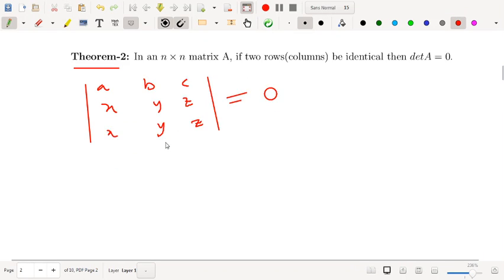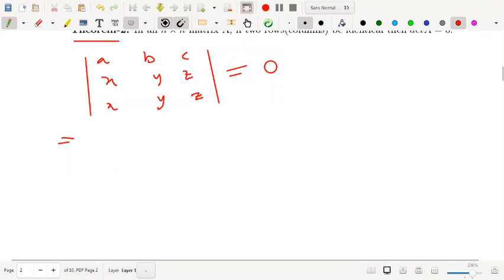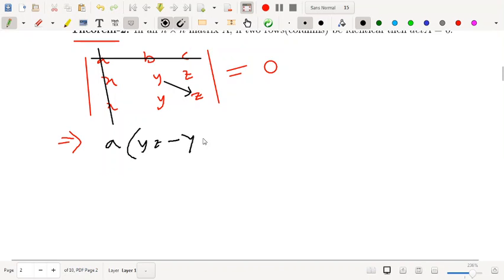You can easily verify that. So I am verifying in front of you. I am expanding in terms of the first row. Keeping the first row, first column, the intersection element is A, and this multiplication heaven to hell, YZ minus YZ, right?